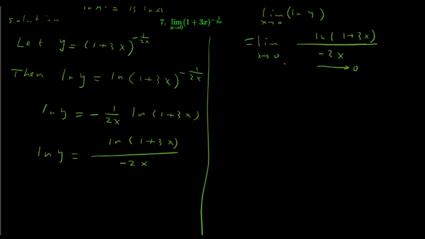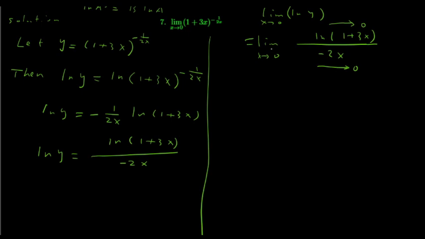You plug 0 in, and you have natural log of 1. Natural log of 1 is equal to 0, right? So the limit of the numerator is also 0. So we do have an indeterminate quotient of type 0 over 0. We verified the condition for L'Hopital's rule.